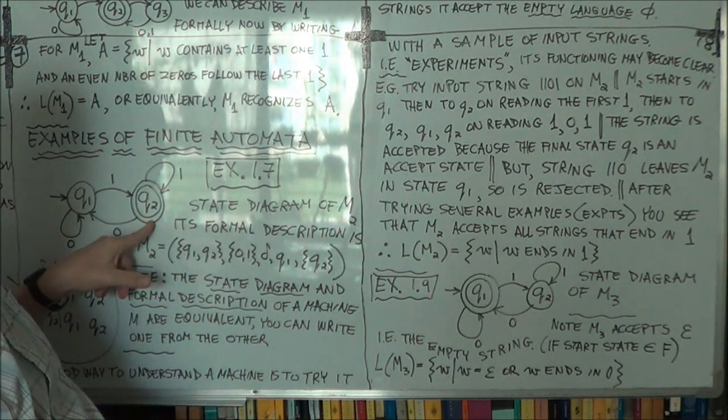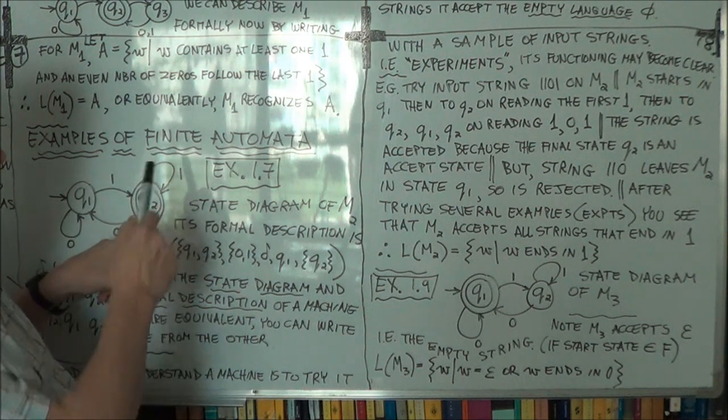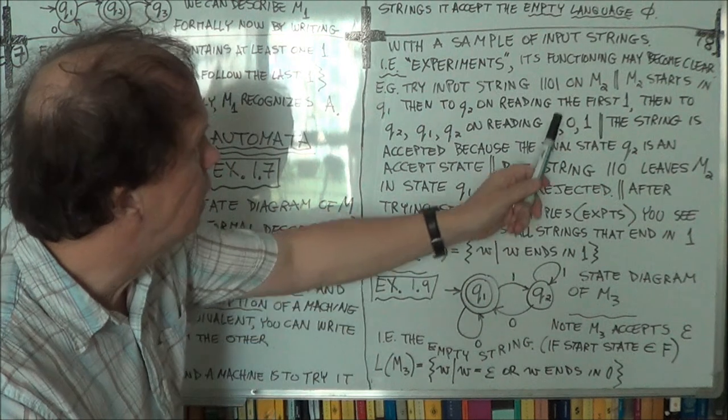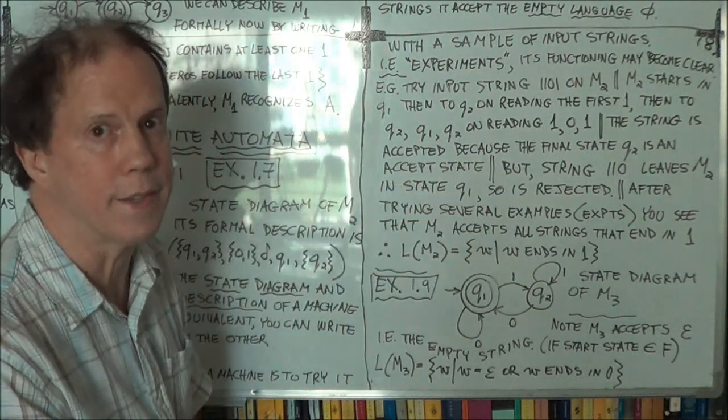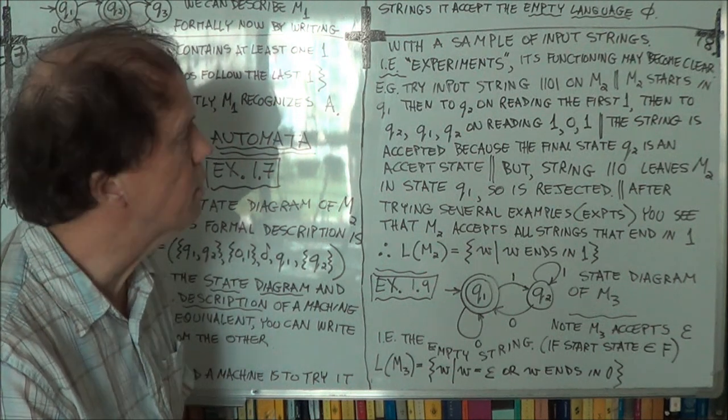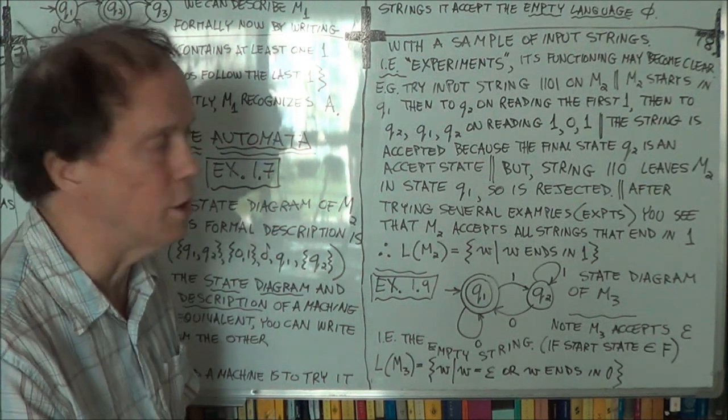And that means when your final state is an accept state, then that string is accepted by the automaton. So this particular string is accepted by M2, by this second automaton.